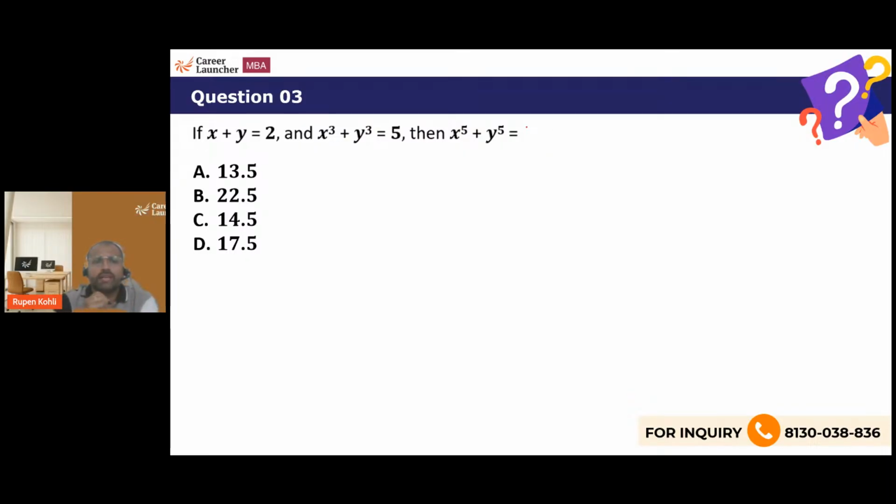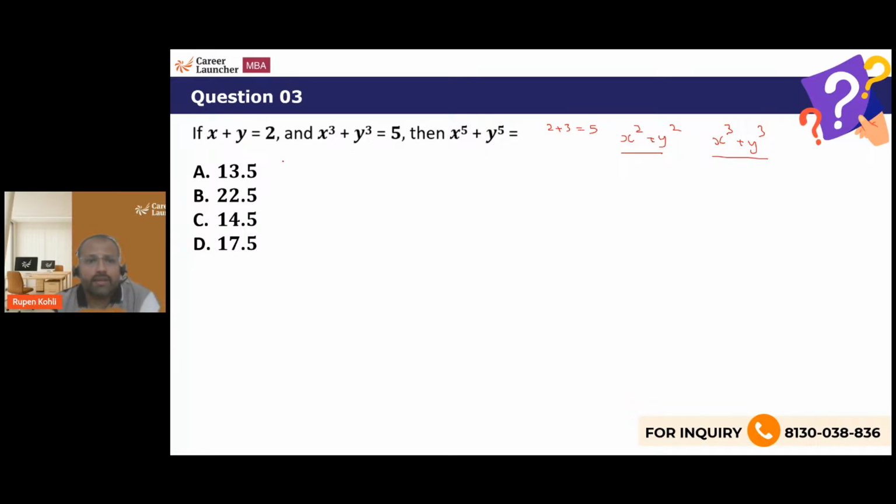So if we can somehow figure out the value of, let's say, something like x squared plus y square, and x cube plus y cube also, we have already that with us. So if we can find this along with knowing this, then we can try to reach this, because 2 plus 3 is 5.